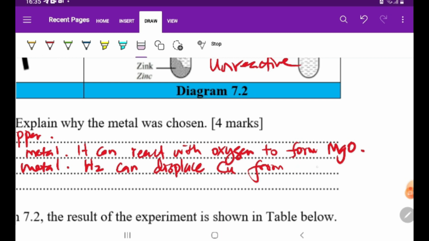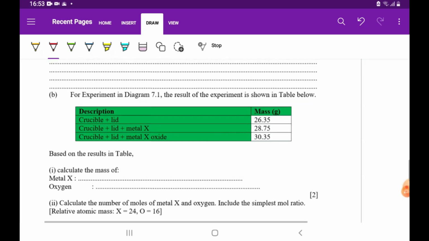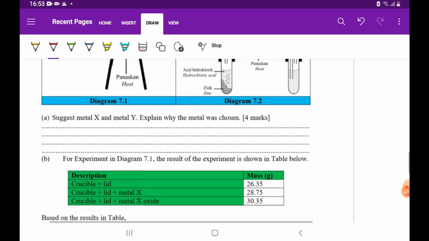Okay, we can use the hydrogen to displace it. Okay, next question.